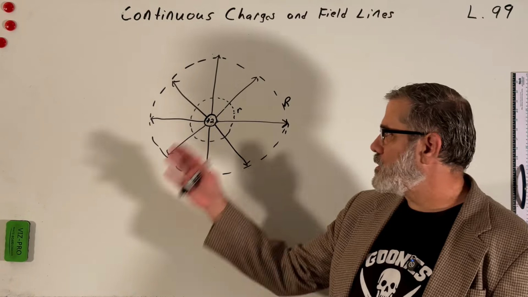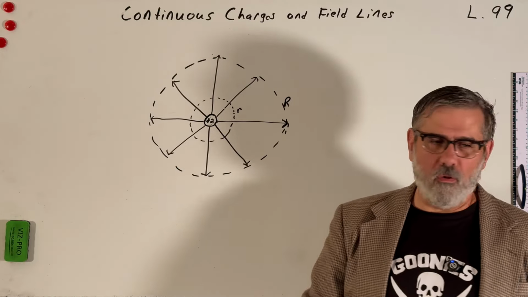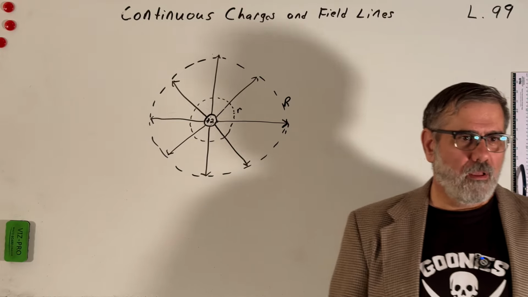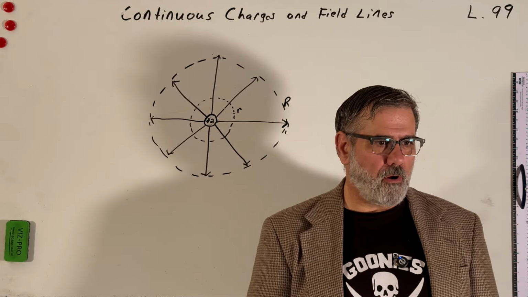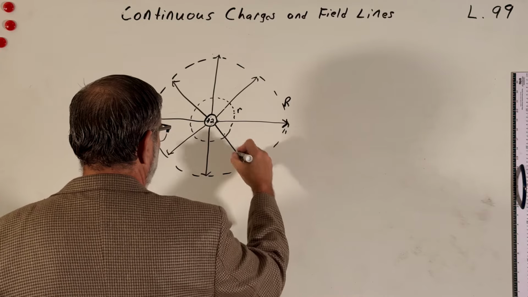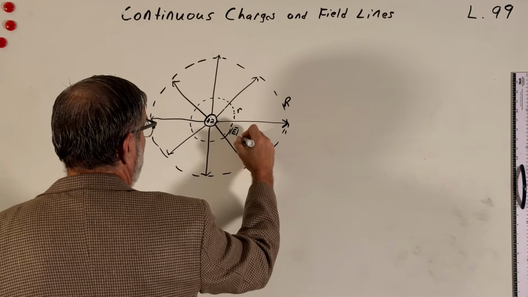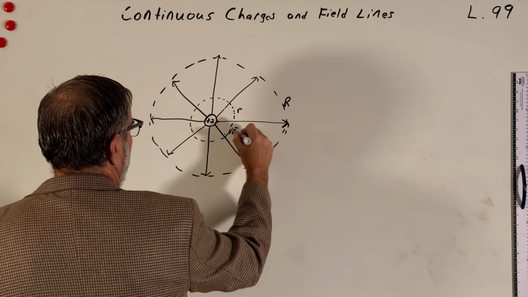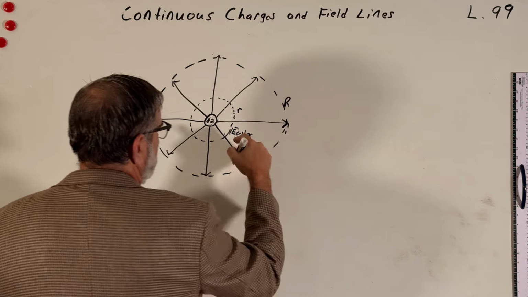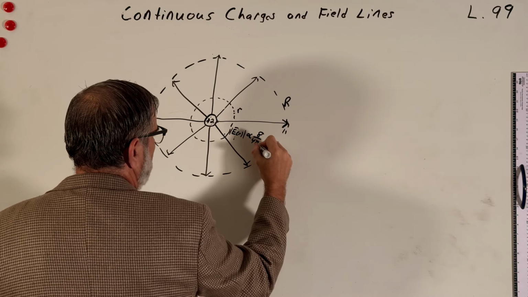But now let's imagine that this is just the cross-section of a sphere, okay? Such that this little circle is just the cross-section of a little sphere of radius little r. The surface area of that sphere would be 4 pi r squared, right? So here I've got, at this point here, let me write my field magnitude at little r is proportional to, and that's 8 field lines, 8 over 4 pi little r squared.